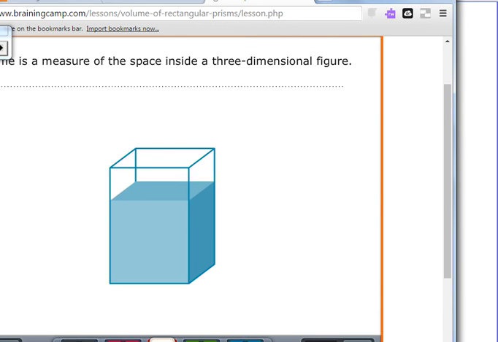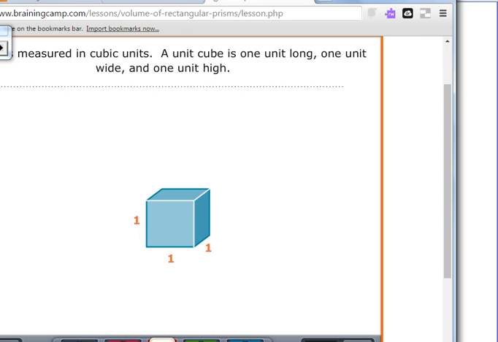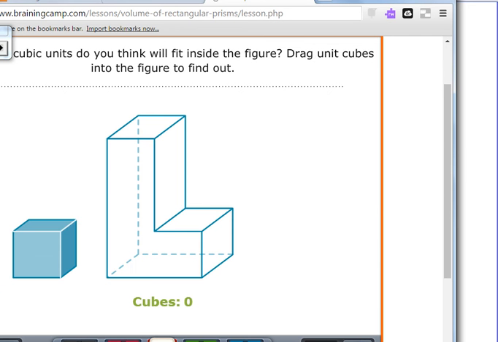Volume is a measure of the space inside a three-dimensional figure. Volume is measured in cubic units. A unit cube is 1 unit long, 1 unit wide, and 1 unit high. How many cubic units do you think will fit inside the figure?